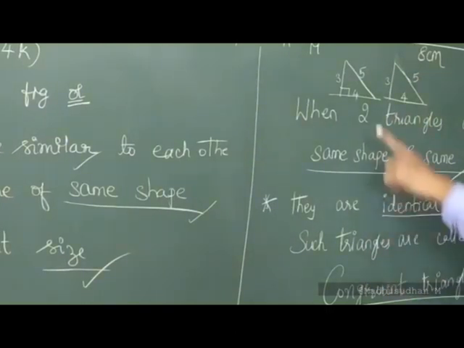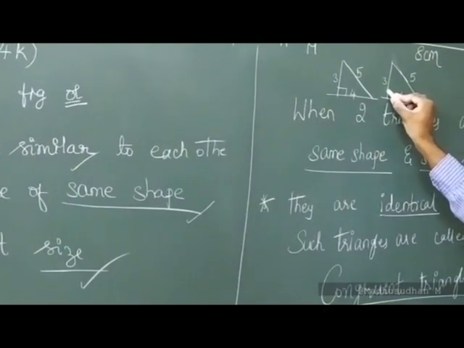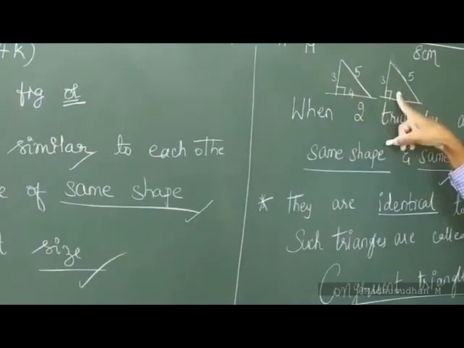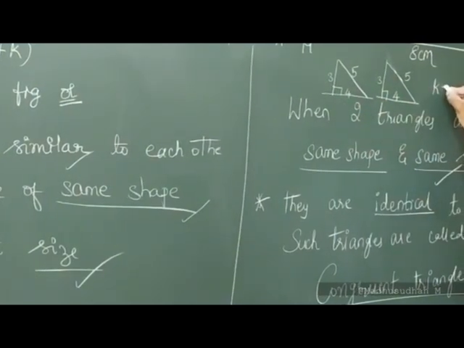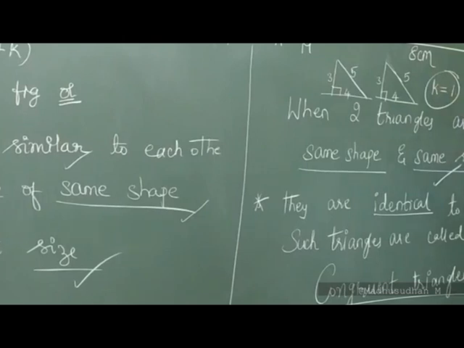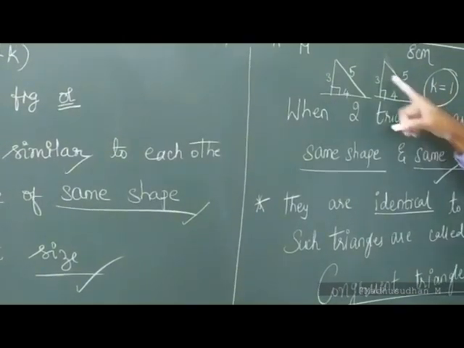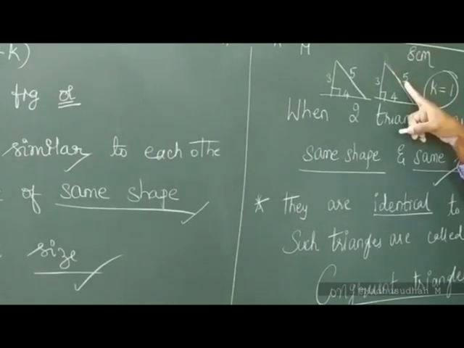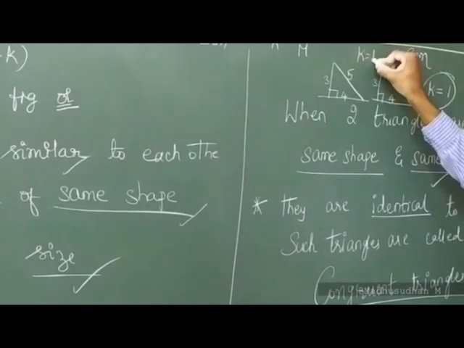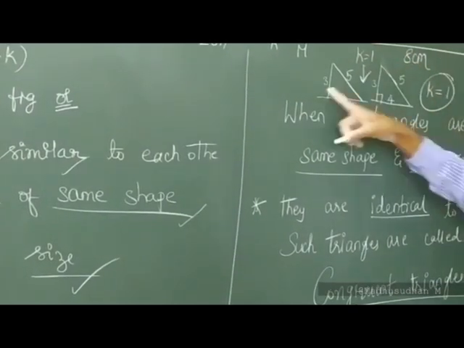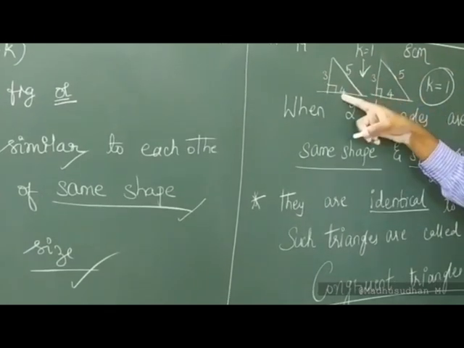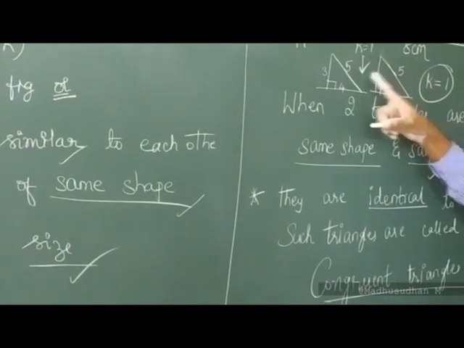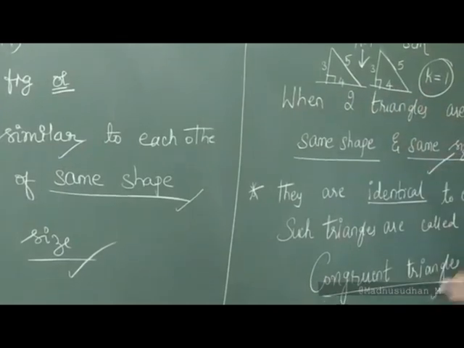So now these two triangles, right angle here, the constant k is equal to 1. Followed it? So when k is equal to 1, 5 ones is exactly equal to 5 here. K is equal to 1 for this diagram. 3 ones are exactly 3, 4 ones are exactly 4. These two triangles are congruent triangles.